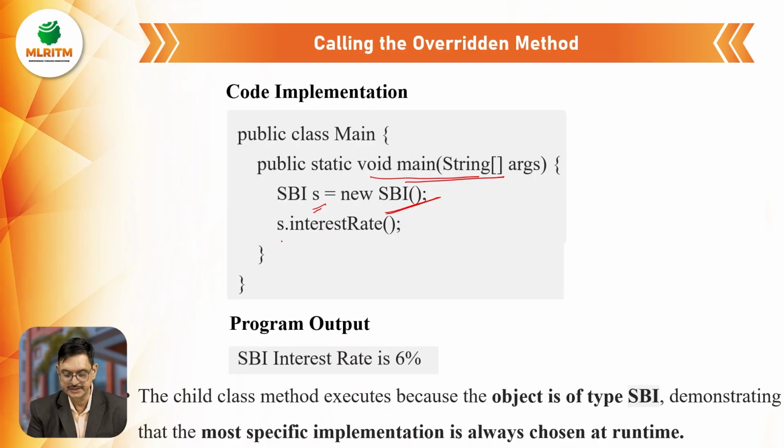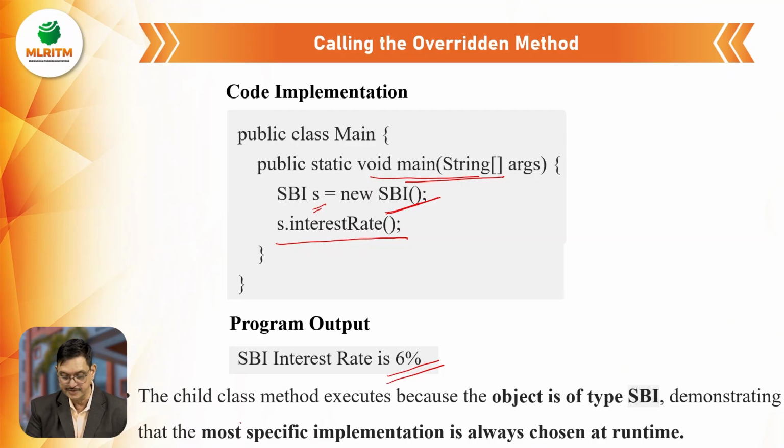Whenever we call S dot interest rate, it calls the child version of the overriding method, and it prints its own implementation of 6%. Otherwise, if you create a parent version of the object and call the method, it automatically calls the parent version of the method.